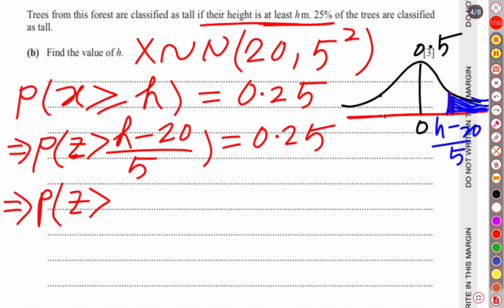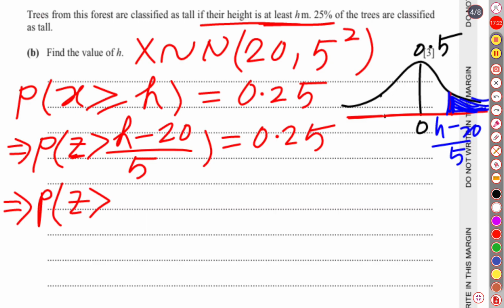So this portion is our probability, but we know that in the probability distribution table none of the probabilities is less than 0.5, all the probabilities given are more than 0.5. So we will find this one.